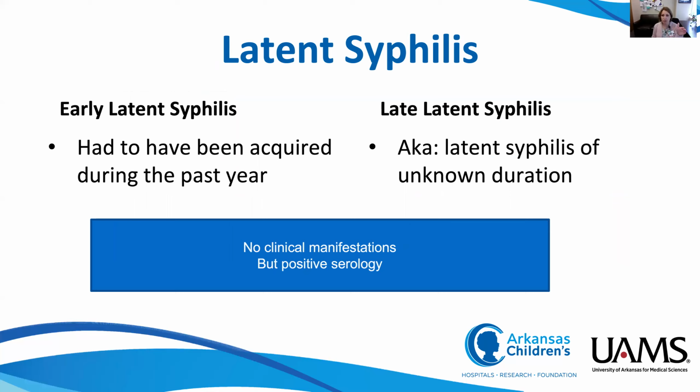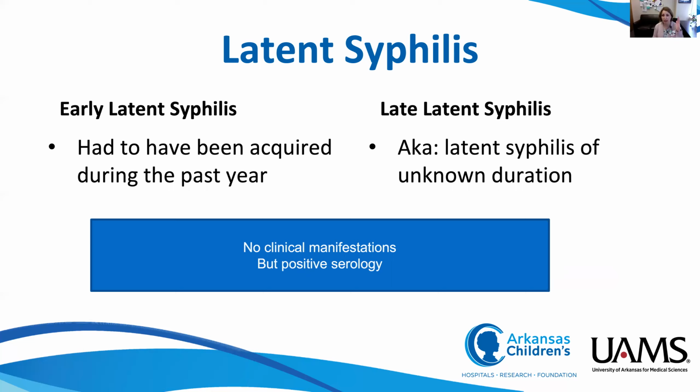If you have somebody who is serially tested, like somebody who's been incarcerated several times, or a mother who's been pregnant several times and therefore has gotten lots of different screens, you can sometimes tell when somebody's had a negative RPR in 2019, and then in 2020, all of a sudden their RPR is positive, but they don't have any clinical manifestations. That is called early latent syphilis because it had to have been acquired during the past year. Late latent syphilis is also known as latent syphilis of unknown duration.